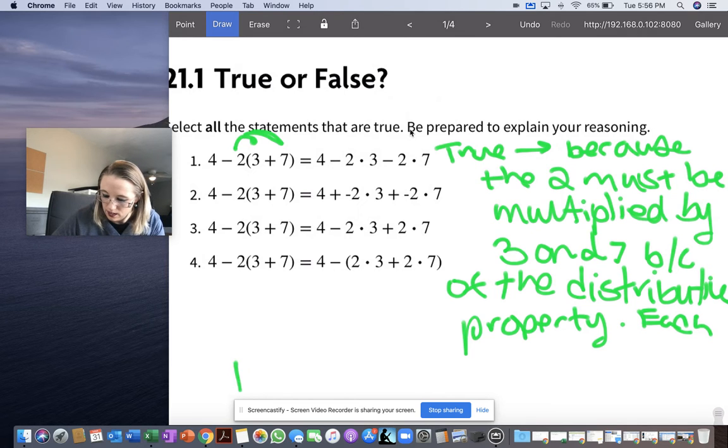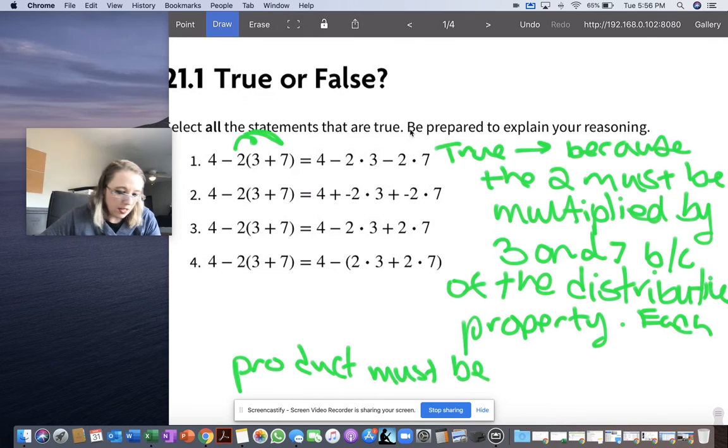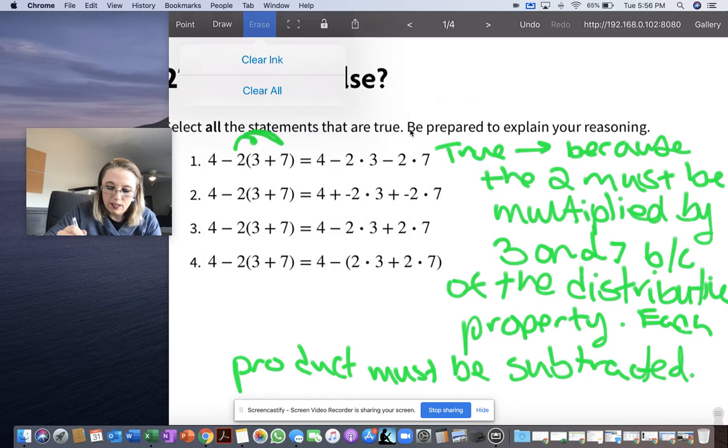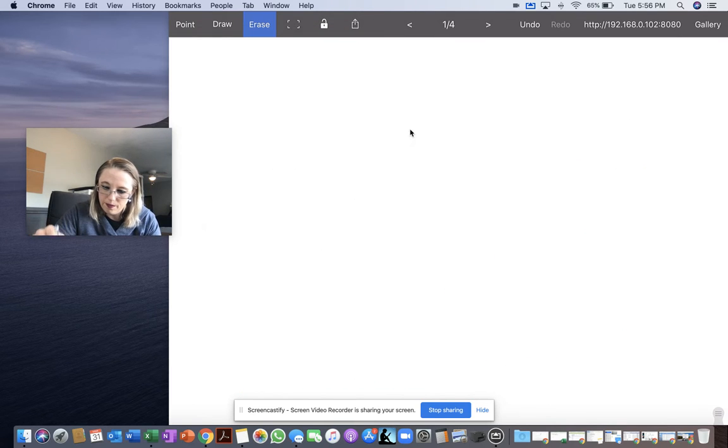Each product must be subtracted. Okay? Pause here if you need to. I'm going to erase.